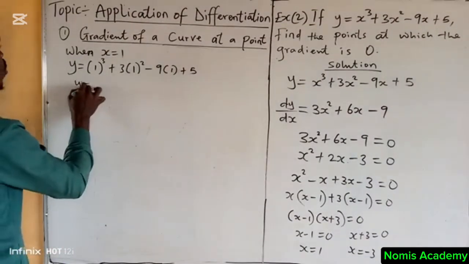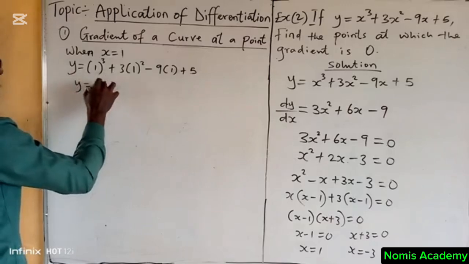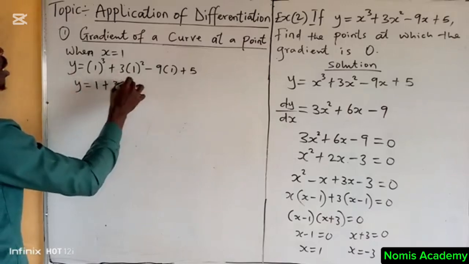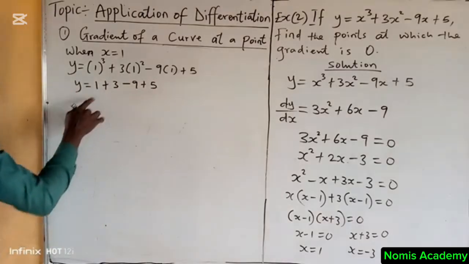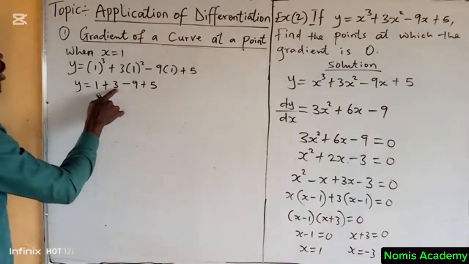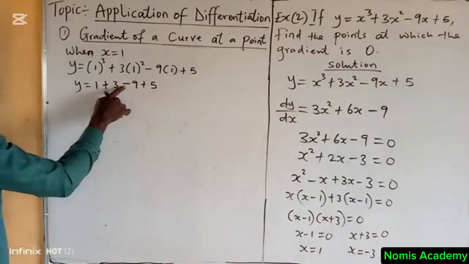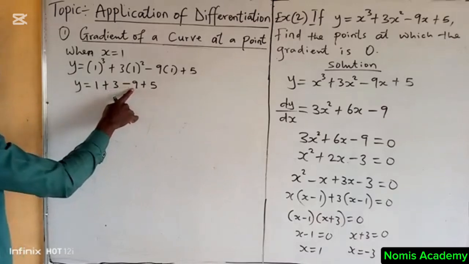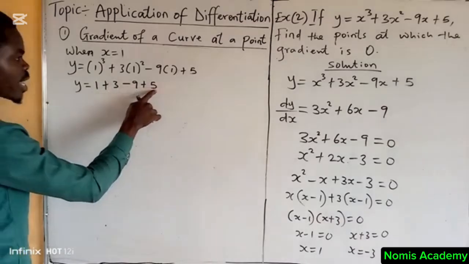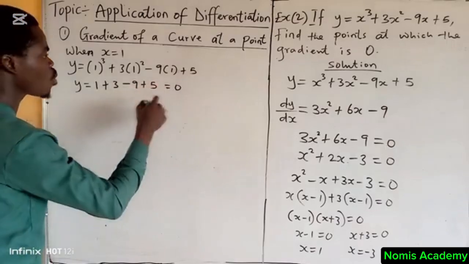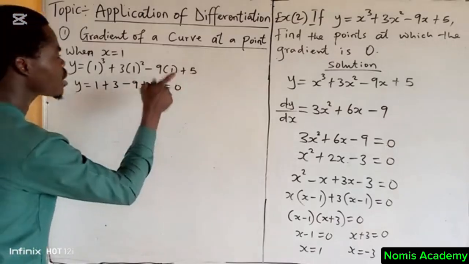So y is equal to 1 plus 3 minus 9 plus 5. That will give us 1 plus 3 is 4, 4 minus 9 is minus 5, and minus 5 plus 5 is 0. So the value of y is 0.